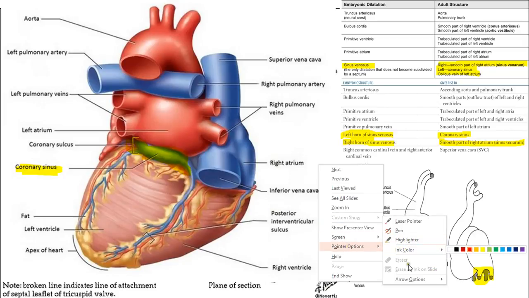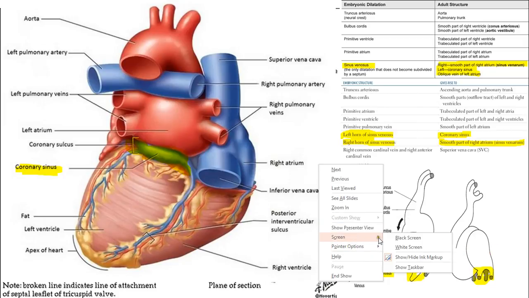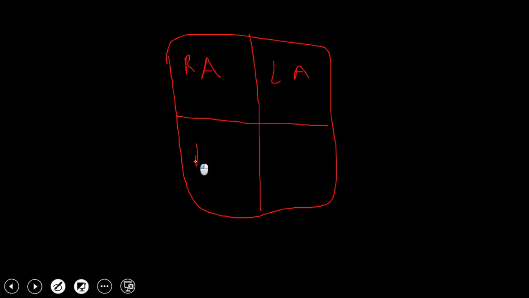So let me show you what would occur in the case of it not developing. If it doesn't develop, you're going to have mixing of blood. So here is a simple diagram of the heart: right atrium, left atrium, right ventricle, left ventricle.